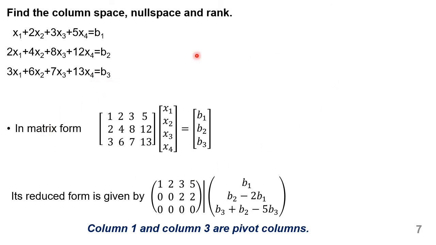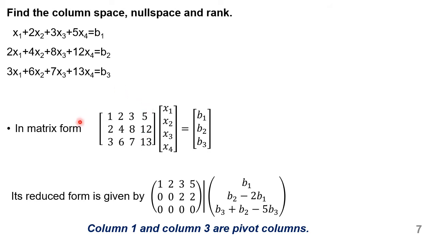We can write this in matrix form. The matrix is 1, 2, 3, 5; 2, 4, 8, 12; 3, 6, 7, 13, multiplied by the variables x1, x2, x3, x4, equal to the right hand side b1, b2, b3.